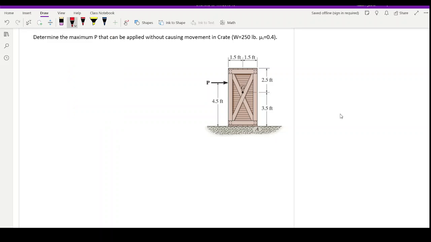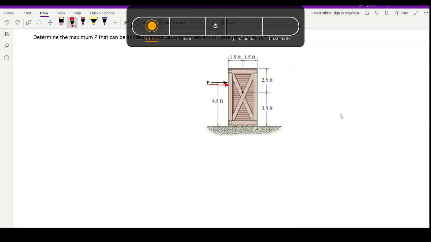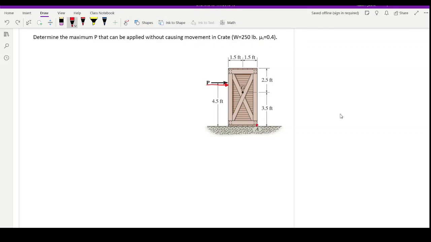A force is acting in this direction. Now, this force is able to slide this crate in the x direction, or it's able to tip over one of its corners, and clearly if it's going to tip over, it's going to tip over this corner.